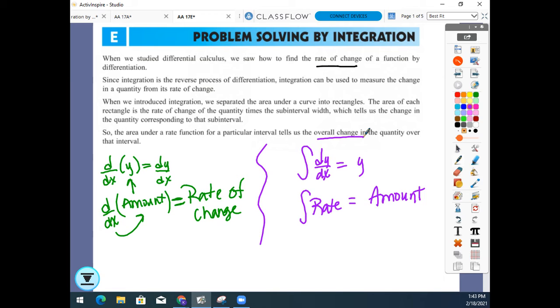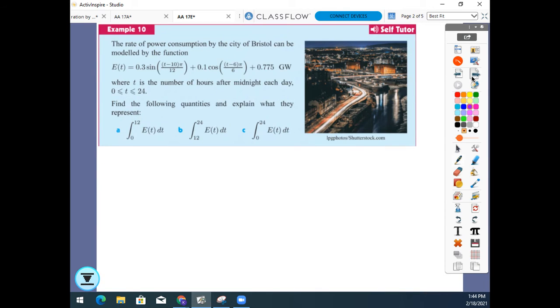So it can be used to measure the change in quantity. So we're going to find the amount of something here. What I just wrote down was the basic stuff I wrote in the notes, just right above the example, however you want to do that.